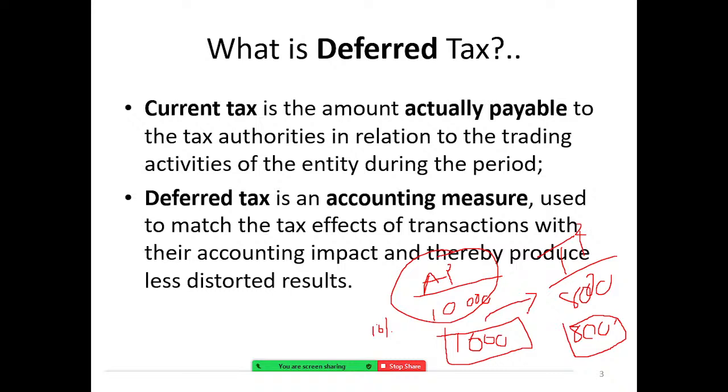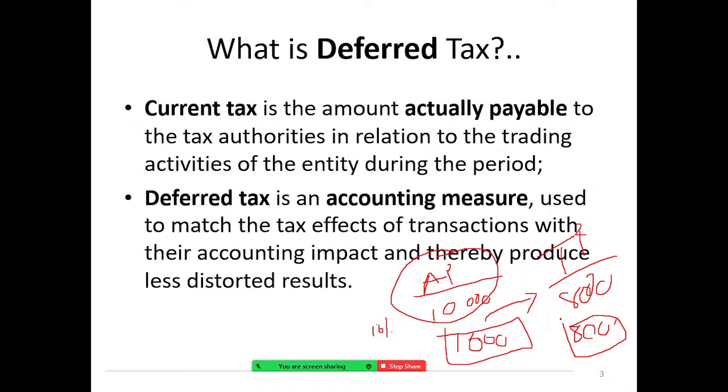We are deducting a higher rate of depreciation, so our expenses are higher than the accounting depreciation. So accounting profit will be higher, taxable profit will be lower, and the income tax payment will be lower.